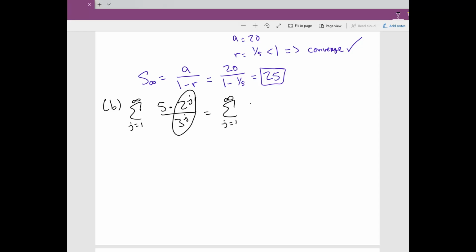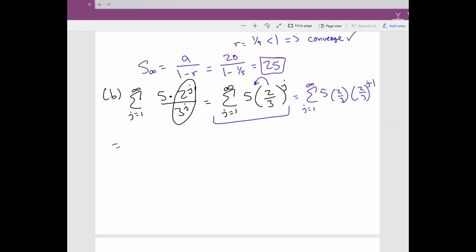I'm going to move the 5 over because the 5 isn't doing anything, and I'm going to factor out the j exponent, so I have 2/3 in there. Now this doesn't quite look like the geometric series, so I'm going to factor out a 2/3. So I'm going to have the sum from j goes from 1 to infinity, 5 times 2/3, and here I'm going to have (2/3) to the j minus 1.